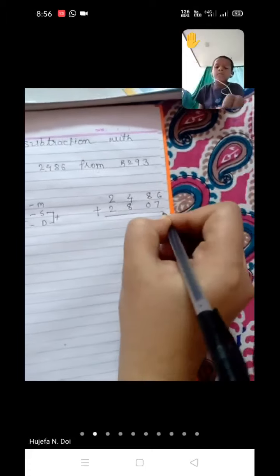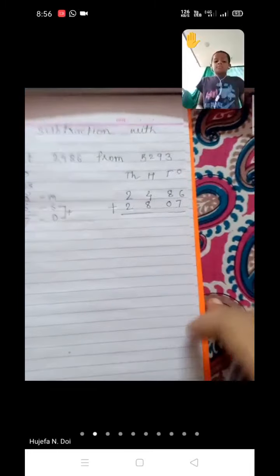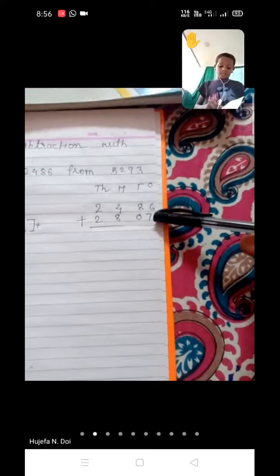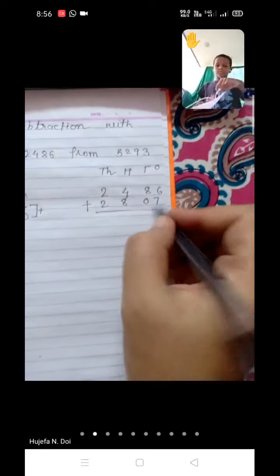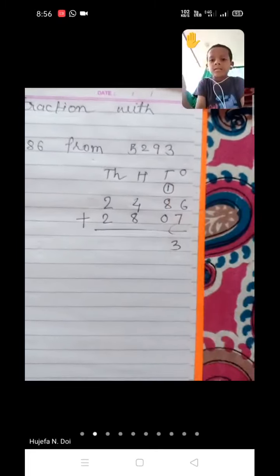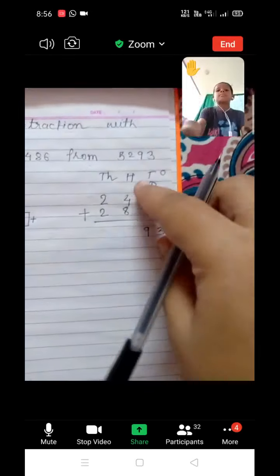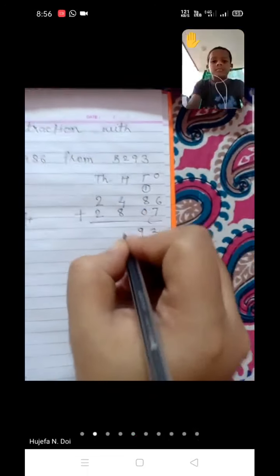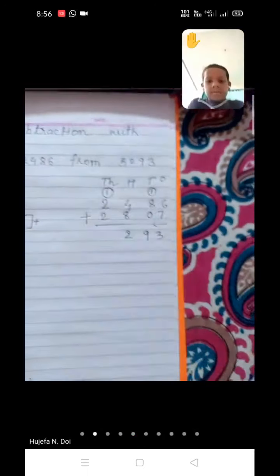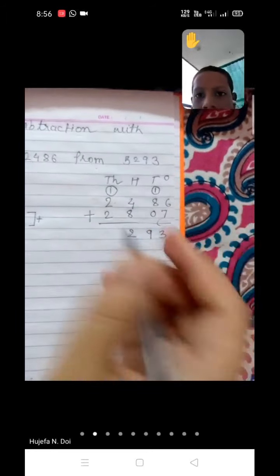Plus 2807, ones, tens, hundreds, thousands. Start the addition from the ones place. 6 plus 7, 13. 3 will be here. 1 as a carry. 1 plus 8, 9. 9 plus 0, 9. 4 plus 8, 12. 2 will be here. 1 as a carry. 1 plus 2, 3. 3 plus 2, 5.